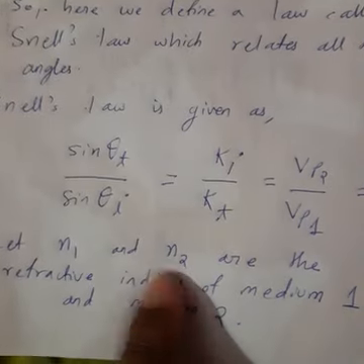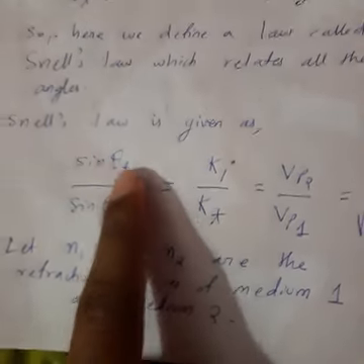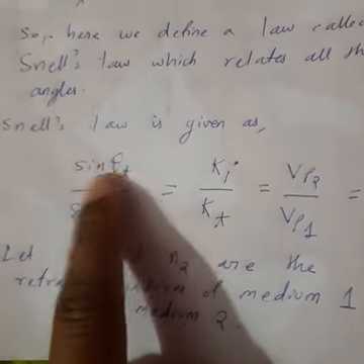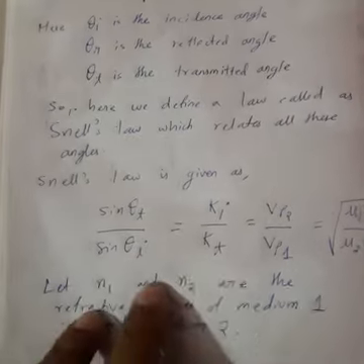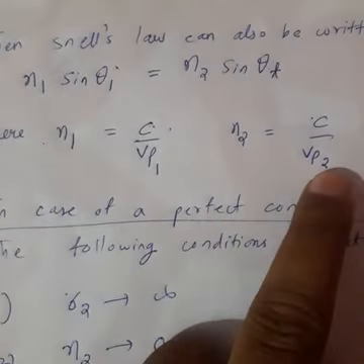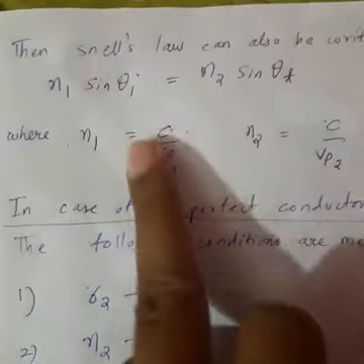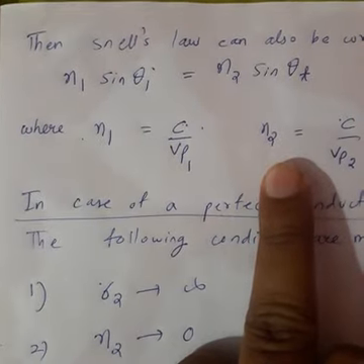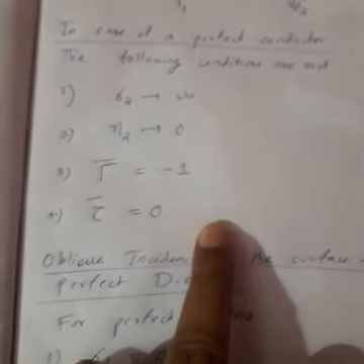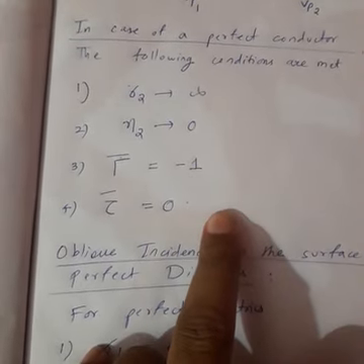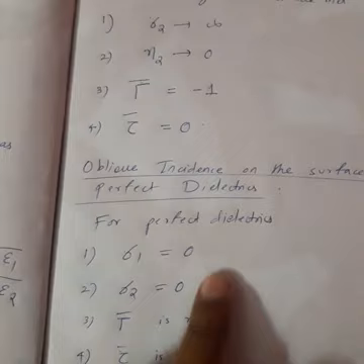Again there you define refractive indices, which are linked to the sine of angle of incidence and transmission. So Snell's law can be put in two ways: this is the first format, and in terms of refractive index, Snell's law can be put in the second format. This formula you have to remember. Then you go for the conditions. What will happen in oblique incidence if a perfect conductor is there? What will happen in oblique incidence if a dielectric is there?